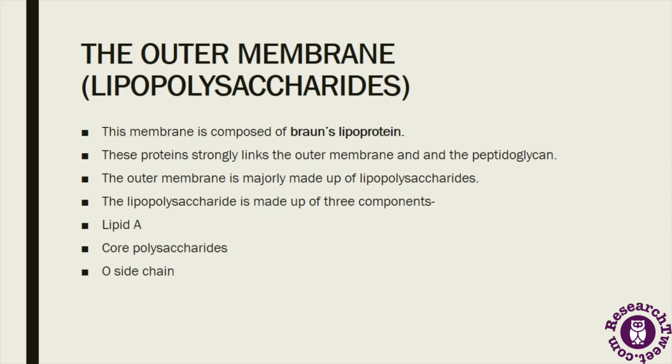Here the O side chain is also called the O antigen that extends from the core outwardly. The lipopolysaccharides are also responsible for protecting the cell wall from external attacks, and it is a porin structure, and there are pores present in the lipopolysaccharide which allow some nutrients to enter the cell.